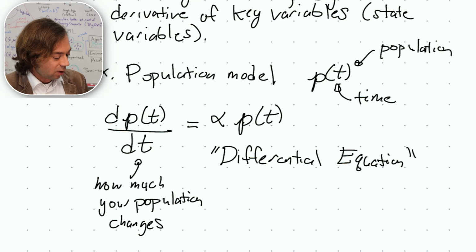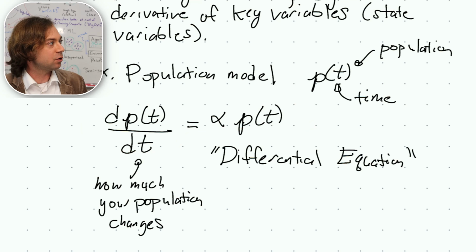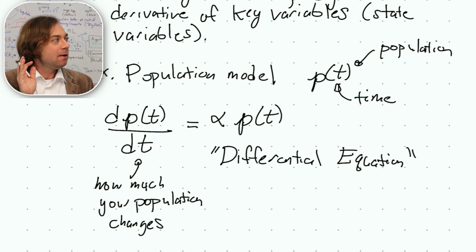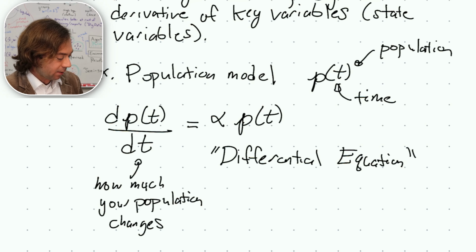If you took a differential equations class, it's just going to be an exponential. You need an initial condition, et cetera. Anyway, this is your population model. But there are some equations that are harder to solve by hand. In fact, I'll write out the answer here for completeness' sake.